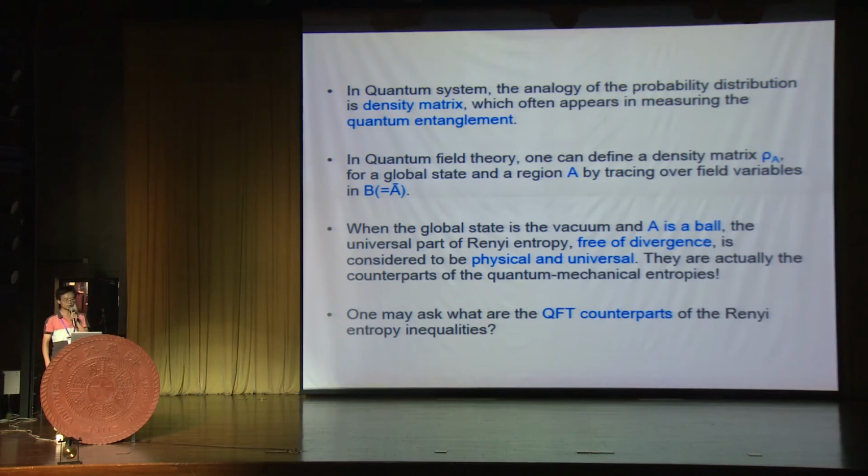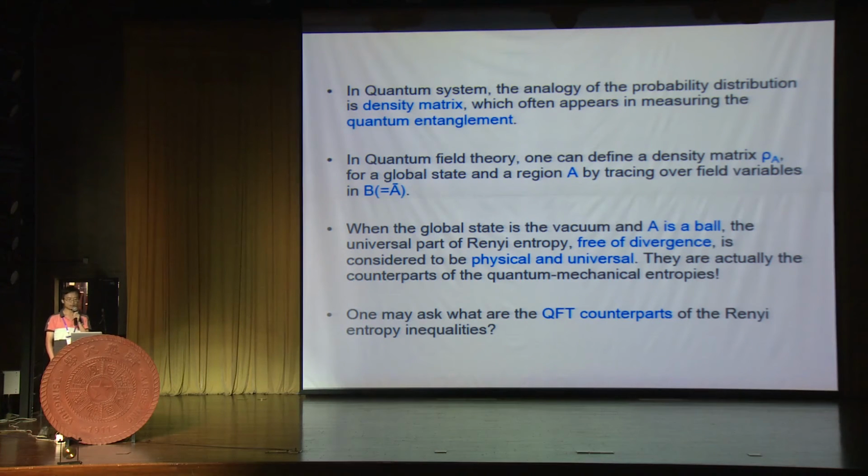If we go to quantum systems, the analog of the probability distribution is the density matrix, which often appears in measuring quantum entanglement. In quantum field theory, one can define a density matrix for a global state and a subregion A by tracing over the field variables in A-bar.